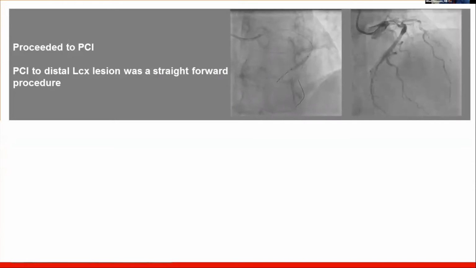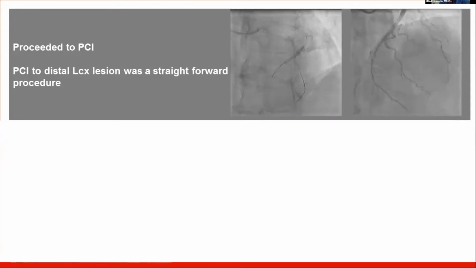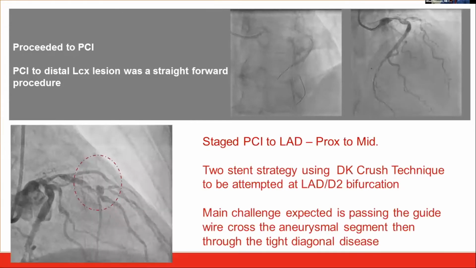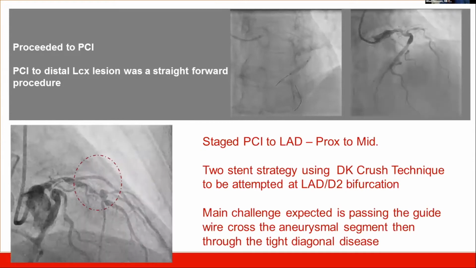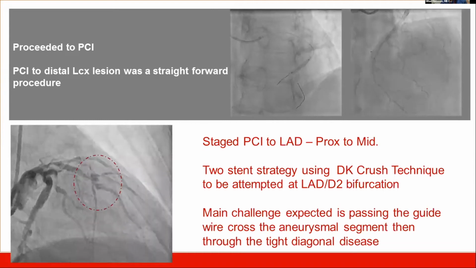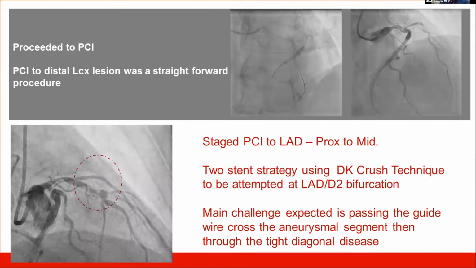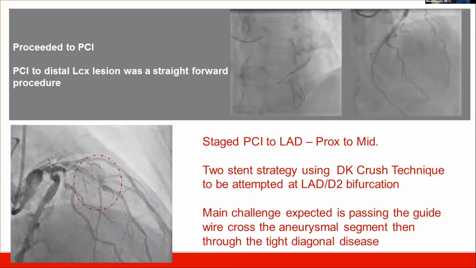We deployed a single 3.5 by 33 drug-eluting stent, securing the flow to the distal vessel. We didn't attempt the left system in the same session. It was the end of the list that day. We wanted to have a fresh start the next day, especially as we already had a hemodynamically stable patient, and we had dealt with the culprit lesion.